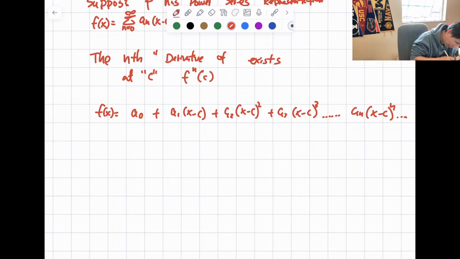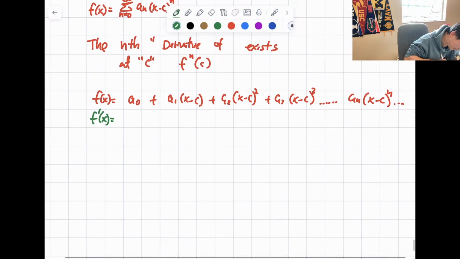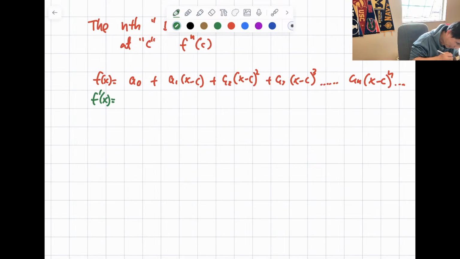Now we're gonna take the derivative of this function. You can take a derivative of the power series. What happens if I take a derivative of a0? It just goes away. And then a1 just stays a1, because the derivative of x minus c is 1.